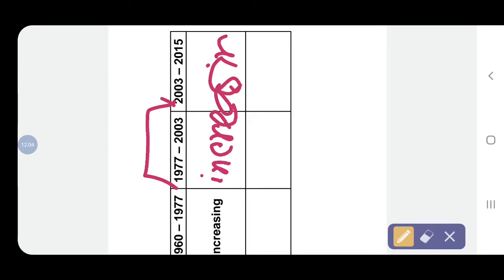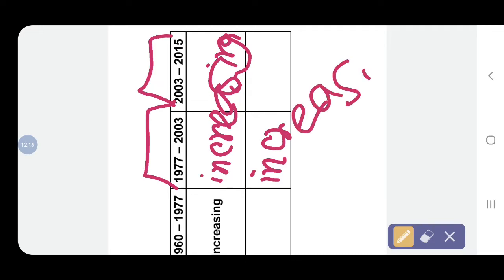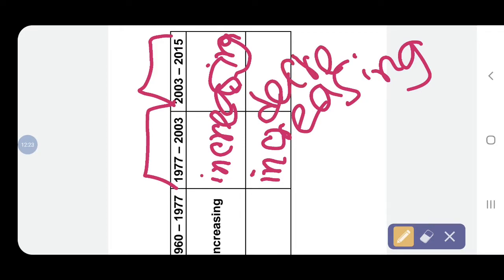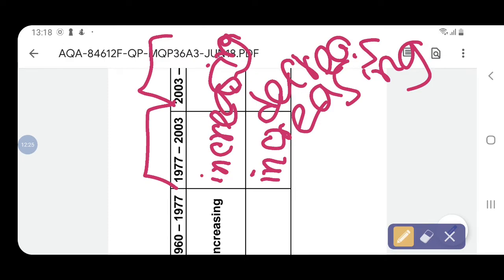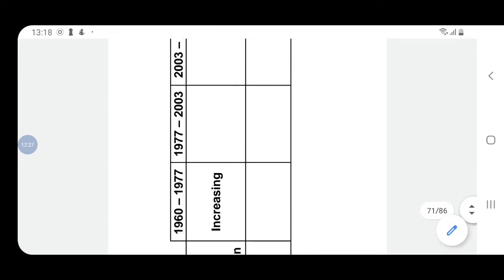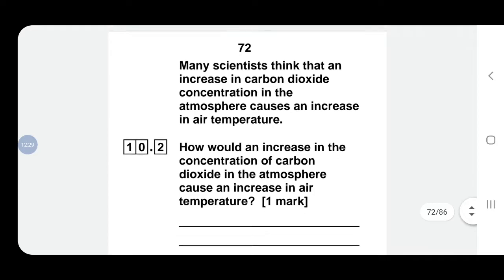So this is also increasing, all right? And here is increasing, and here is decreasing, all right? Oh my goodness, I'm making a mess. So this is decreasing.